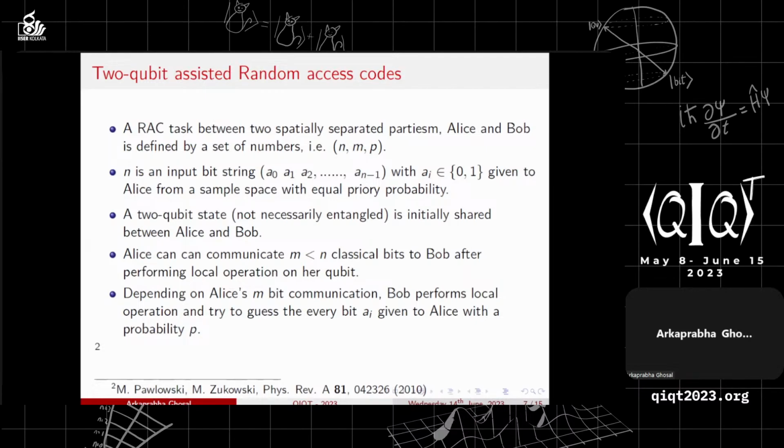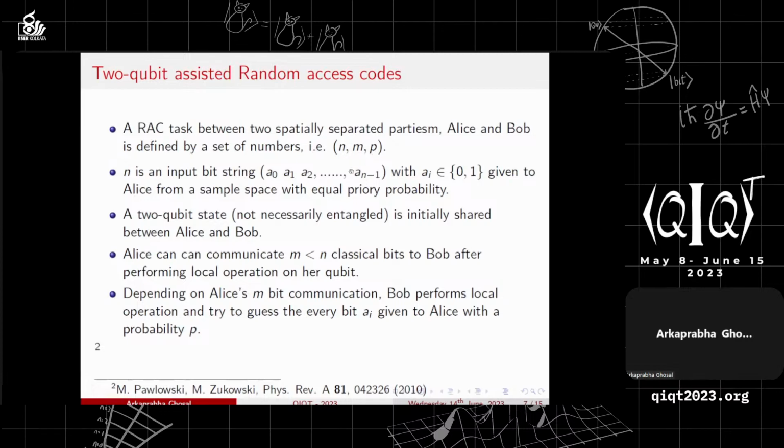The basic formalism of random access code is that there will be two spatially separated labs, Alice and Bob, and any random access code game can be defined by a set of numbers, where the first number n represents the input string given to Alice, m is the number of bits that Alice can communicate to Bob, and p is the guessing probability.